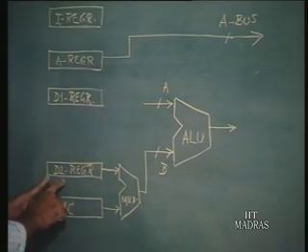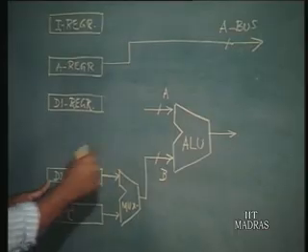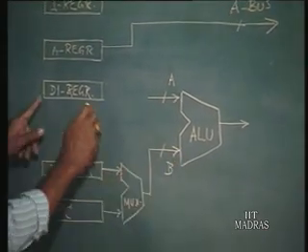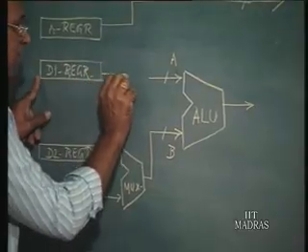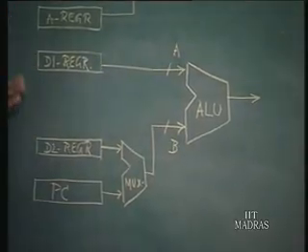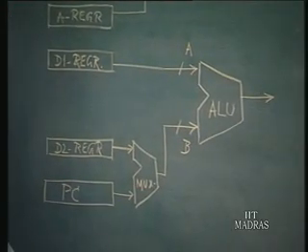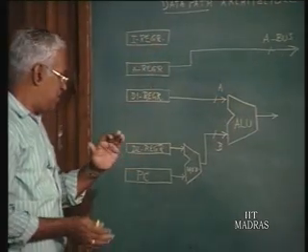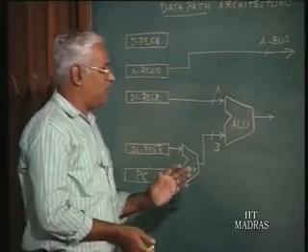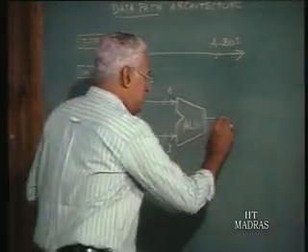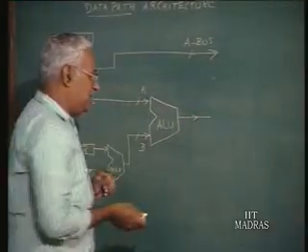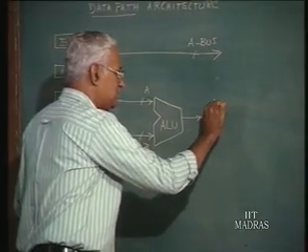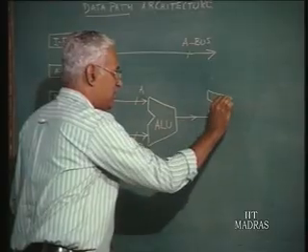Then in case of arithmetic or logic processing, the D2 register contents will go over the B leg, and I will assume here the other data A is available from D1 register, alright. I am trying to keep the number of components as low as possible. Now, the ALU output, let me say it goes through another multiplexer.